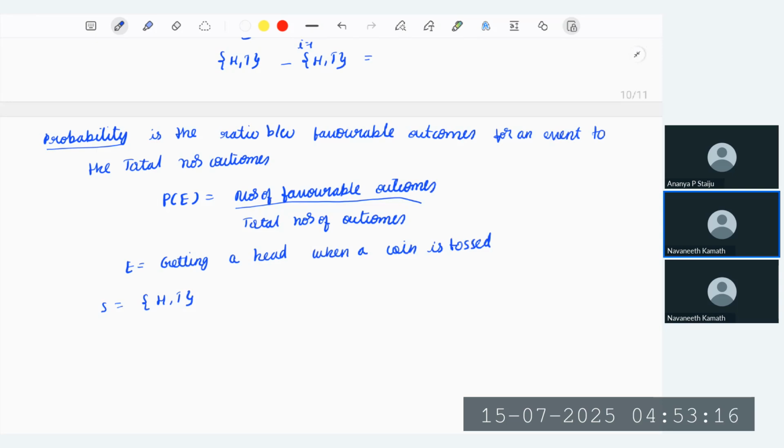Only one outcome is favoring my event, and the total number of possible outcomes is two. That is why the probability is 1/2. This is the basic explanation, and we'll be building the entire thing on this itself. So the ratio between the favorable number of events to the total number of possible events, you should be knowing.